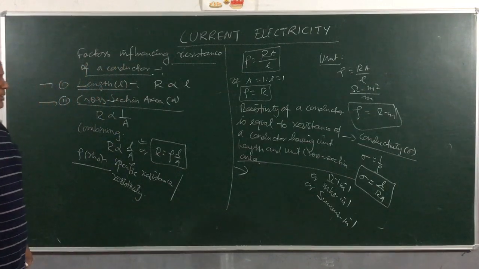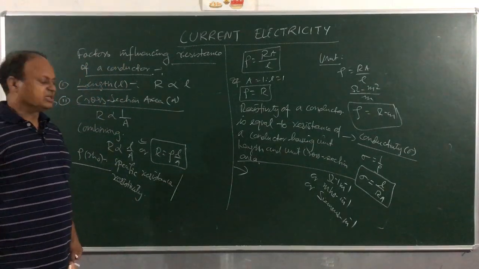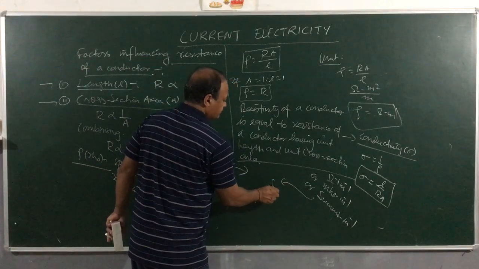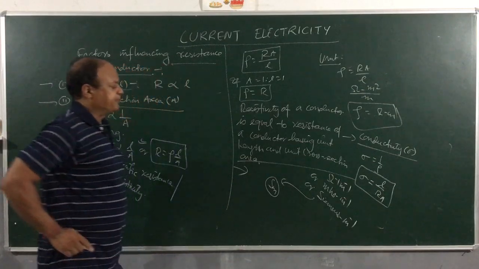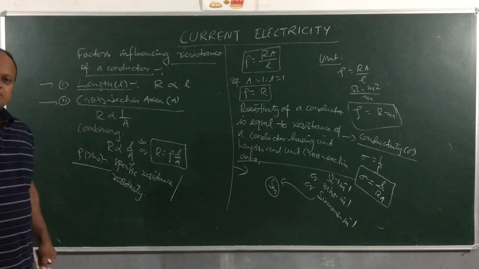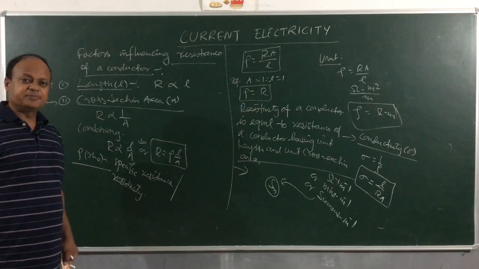Siemens is also denoted as S. So any of the units you can use, either per ohm per meter or mho per meter or Siemens per meter.